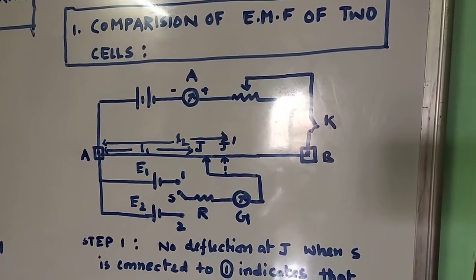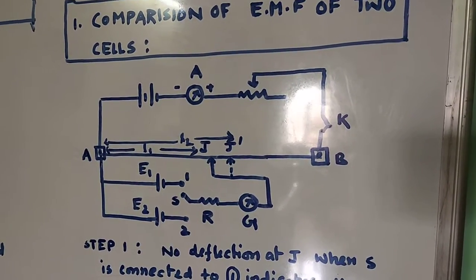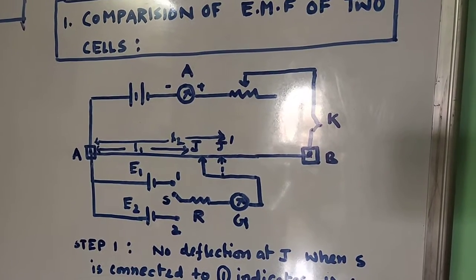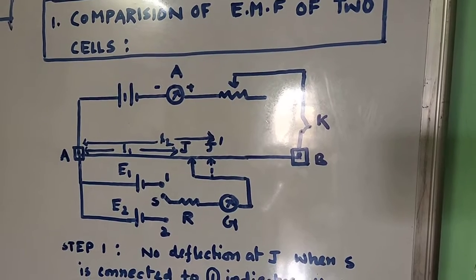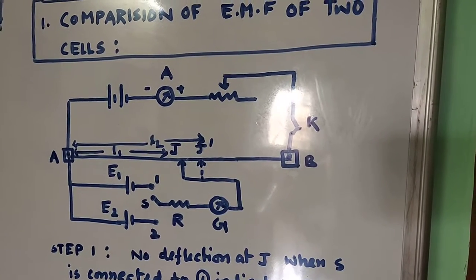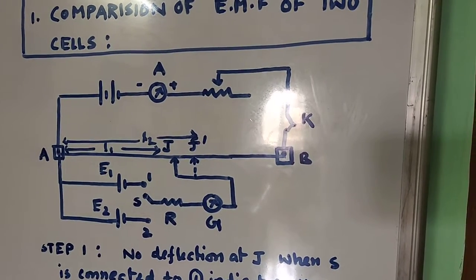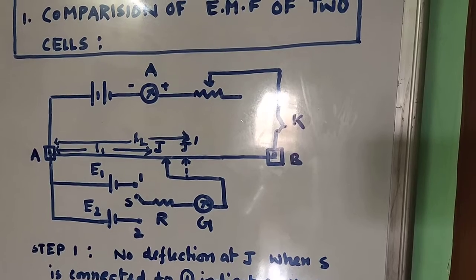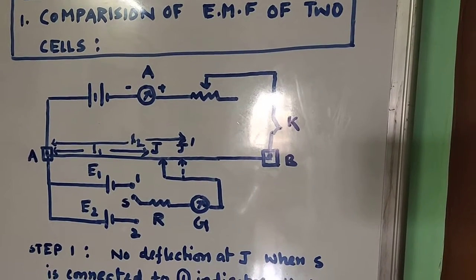First we connect S with 1, so the cell of EMF E1 is in the circuit, and we move the jockey over the length of the potentiometer wire. Let us consider we get the null deflection at the point J. So the length of the wire from A to J is L1.